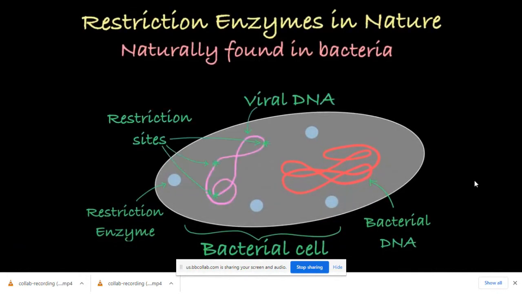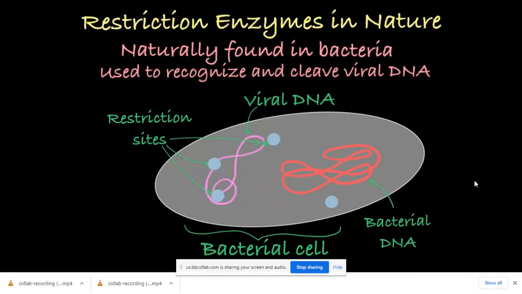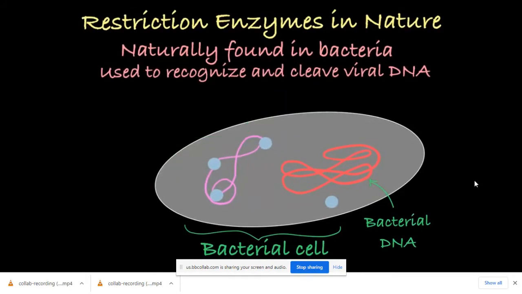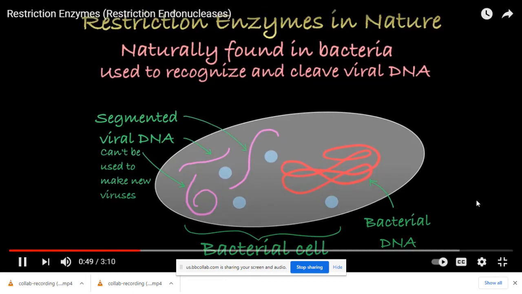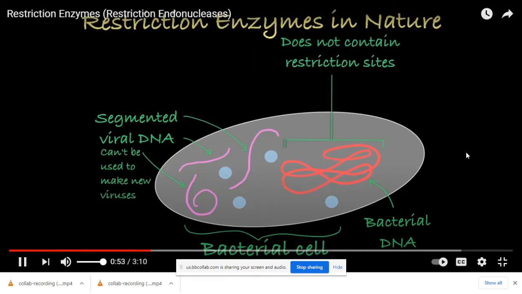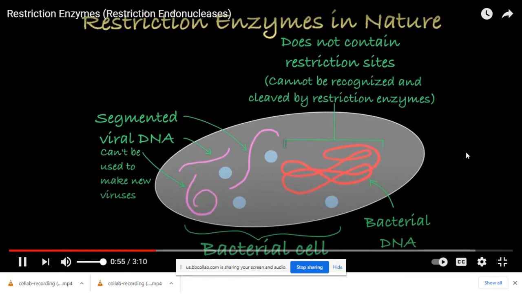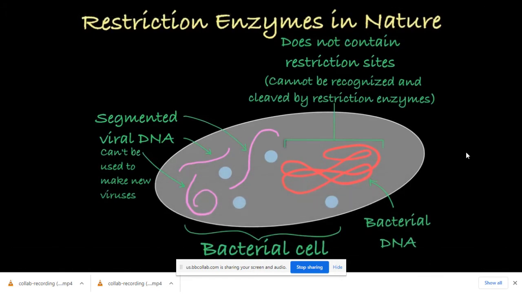These cells use their restriction enzymes to cut apart DNA that has been injected into them by viruses. Cutting up the viral DNA prevents the virus from successfully reproducing within the bacterial cell. The key is for the restriction enzymes in the bacterial cell to recognize sites that are only found in viral DNA and not found in the bacterial DNA. The bacteria wouldn't want its own DNA to be cleaved by restriction enzymes.